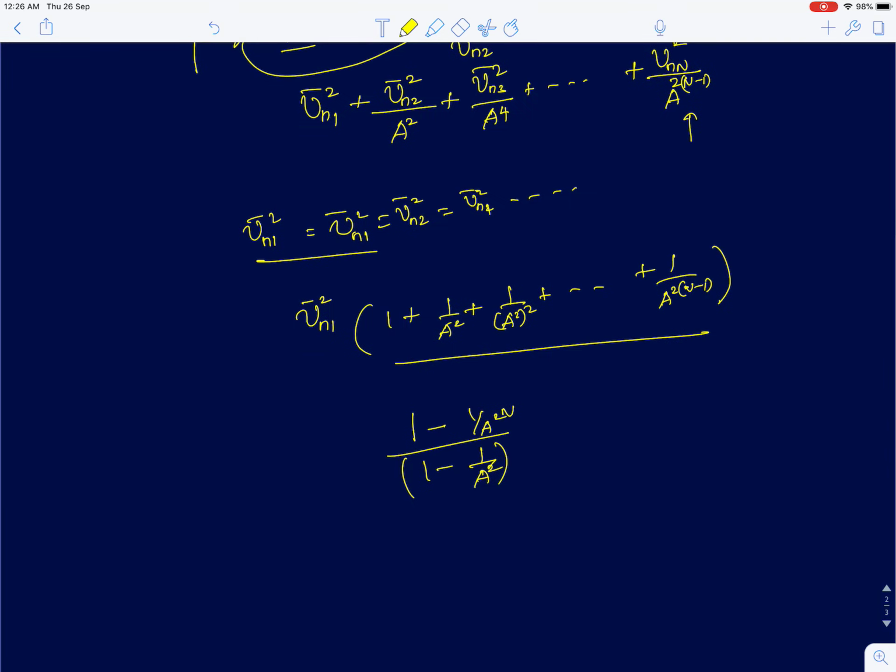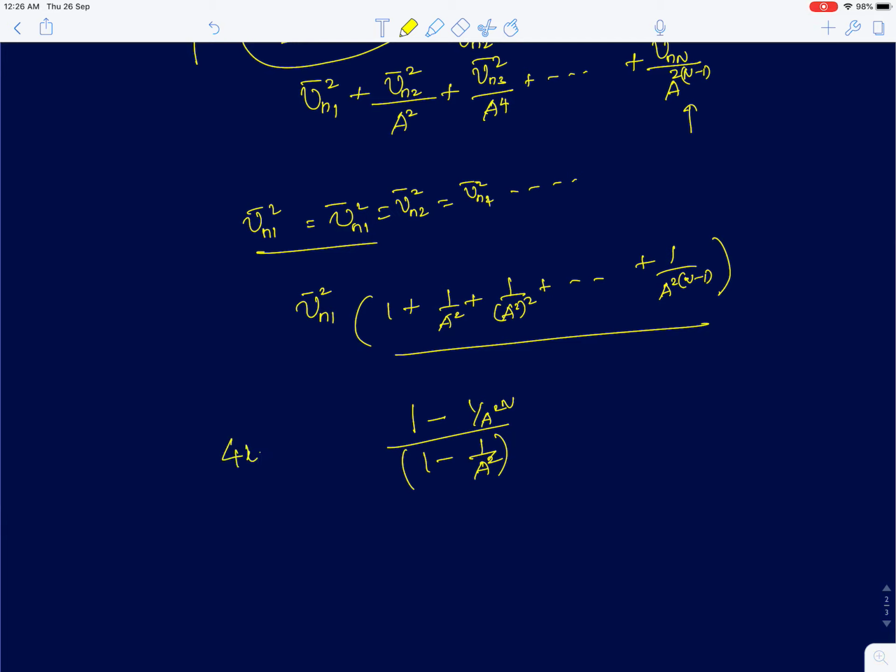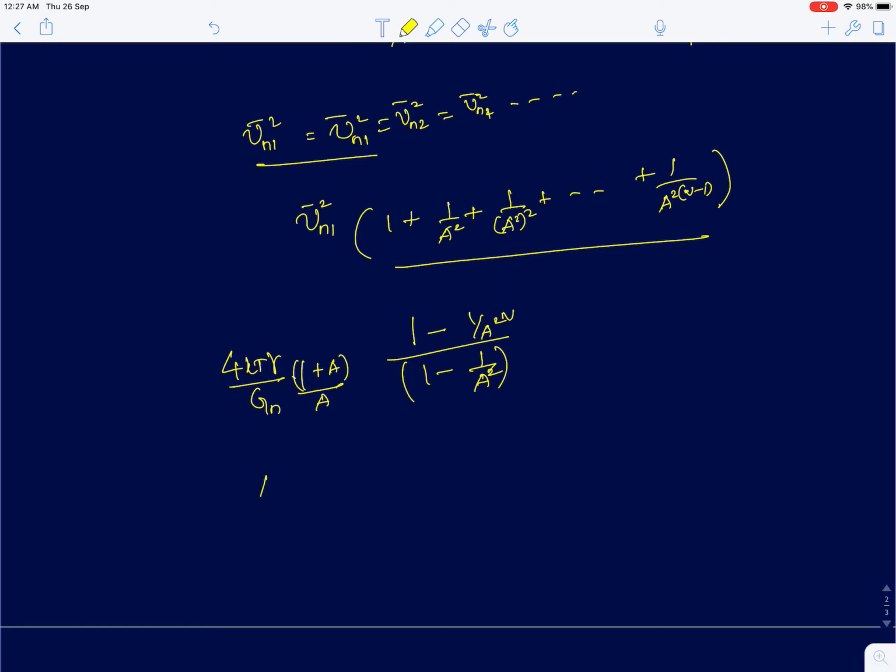Okay, and if I substitute Vn1 square, it is 4 kT gamma by Gn into 1 plus 1 by A, or 1 plus A by A. Okay, so this can further be reduced as 4 kT gamma by Gn into, now the denominator will be A square minus 1 by A square, into 1 plus A by A. So actually you'll have 1 plus A by A into A square by A square minus 1.